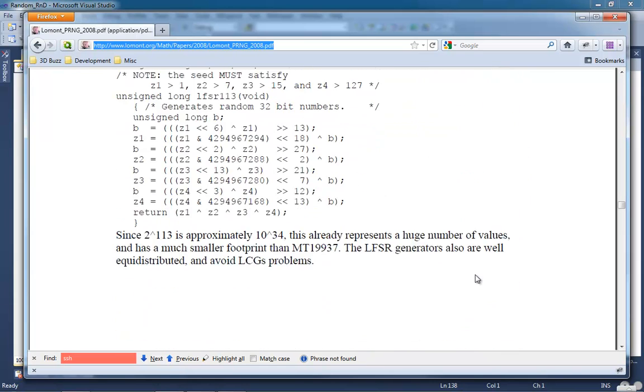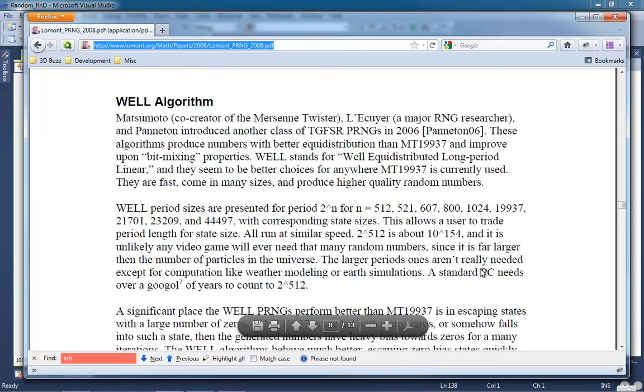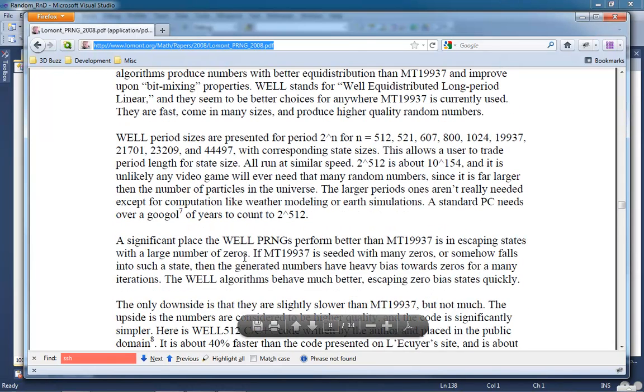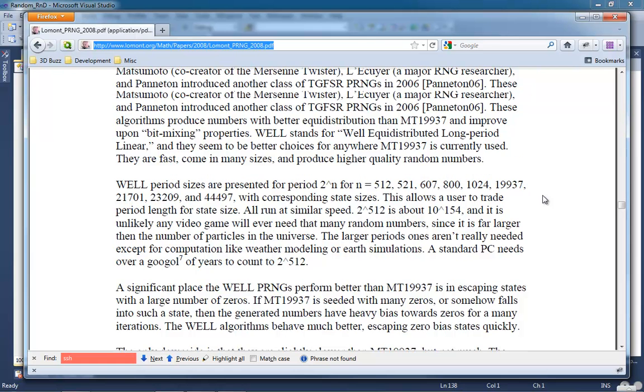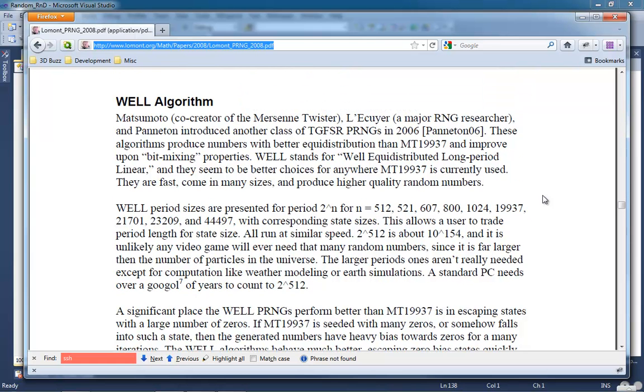Now, the Well algorithm is a little bit further down here. It's the last one we get into before we jump into the cryptographic level ones. This guy is quite interesting. It's basically Matsumoto and some other people came up with this new version. It is designed in several flavors.